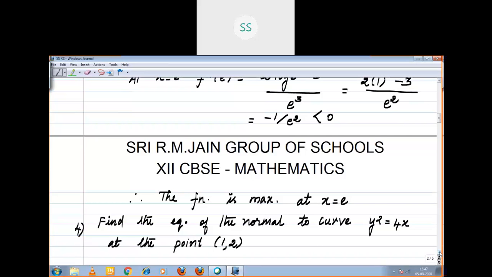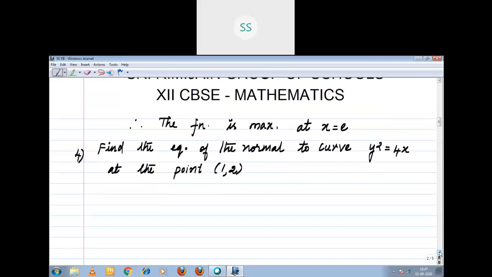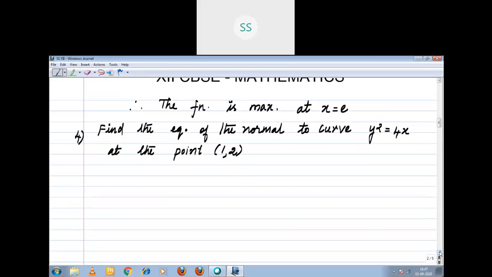Now they are expecting the normal. First, what do you want to do? Normal procedure you have to follow. First, you have to differentiate with respect to x, right? First step, solution: y square equal to 4x.